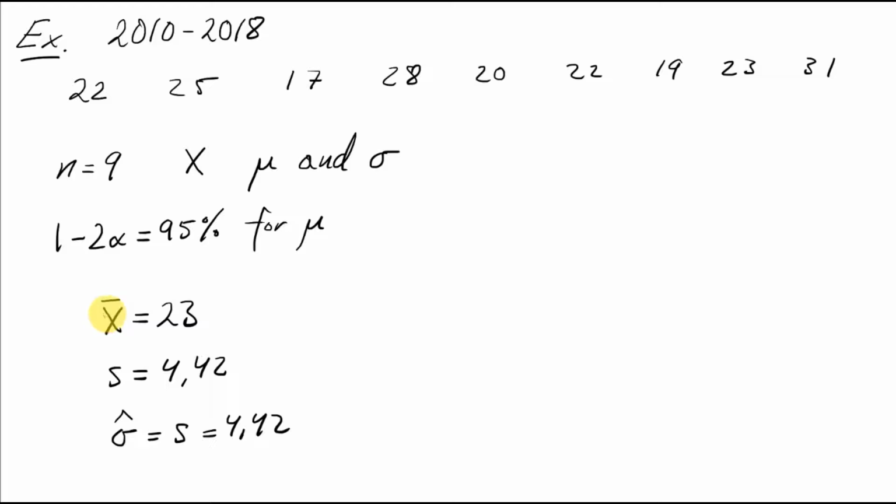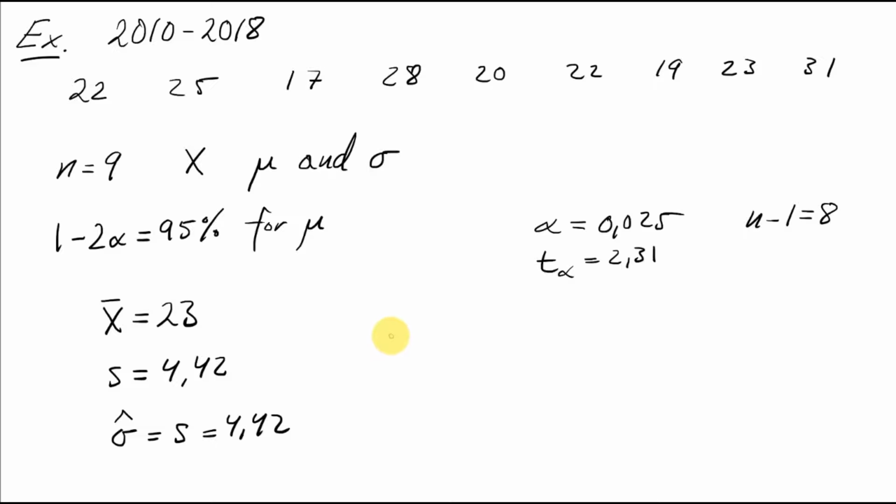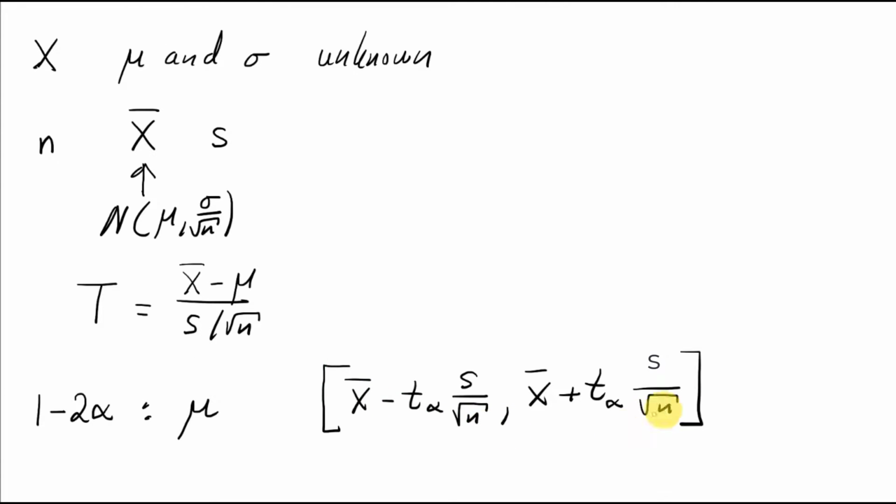Let's assume that this random variable, the mean, is normally distributed. In this case, alpha is equal to 0.025, and we have 8 degrees of freedom. And that gives, from the table here, for 0.025 and 8 degrees of freedom, 2.31. Then the confidence interval is given by what we had here.